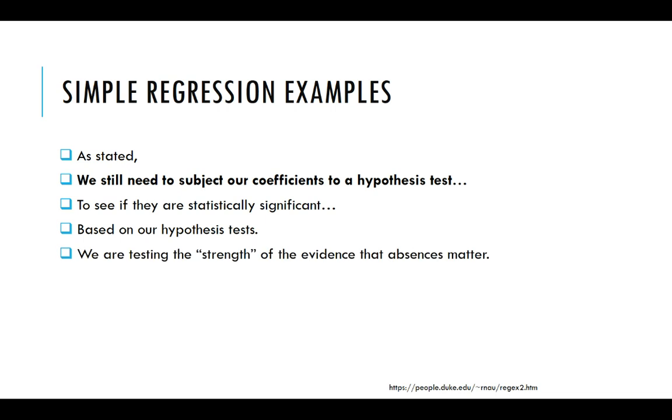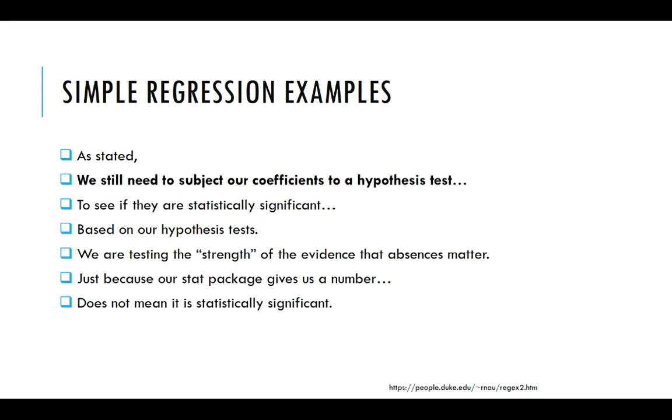We're testing the strength of the evidence that absences matter on test scores. How strong is the evidence that absences affect test scores? Remember that just because our statistical package gives us an estimate for beta, well, that doesn't mean it's statistically significant. And we want to remember that.